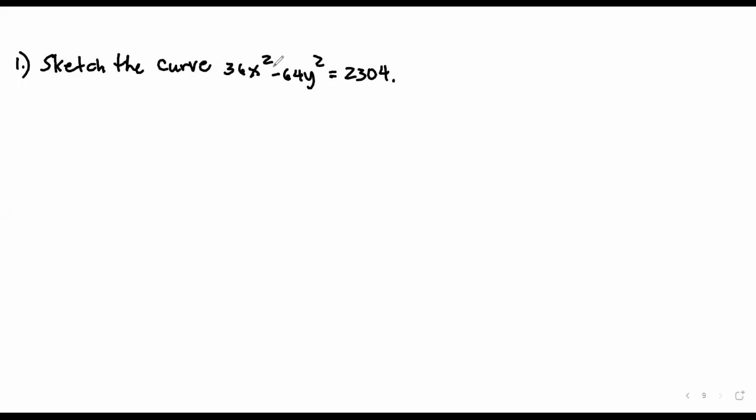Obviously, this equation is for hyperbola because we have here minus. So how are we going to graph this curve? Of course, you need to write this first into standard form.